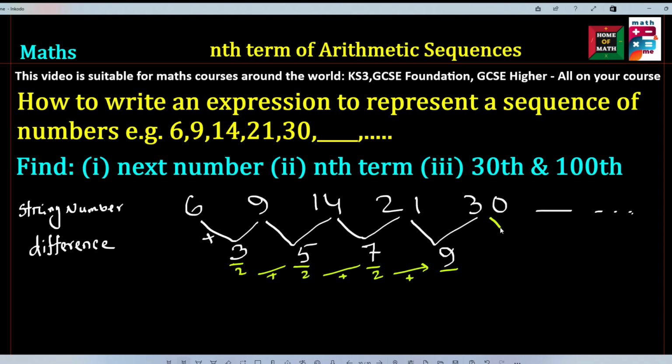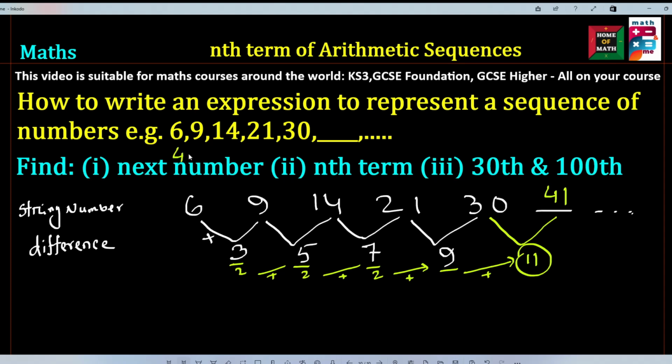Same thing, this 9 should become 11, right? Because here is 3, 5, 7, 9, 11. So 30 plus 11 becomes what? 41. This is a very interesting thing. So for the next number, we already have our answer.